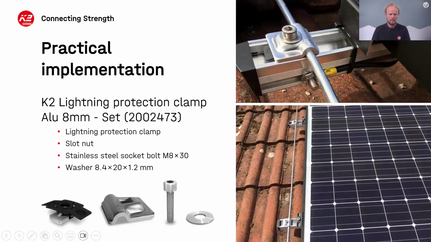This aluminium cable here, this is something that we sell, and this is an 8mm diameter, which is approximately 50 square millimeters, which you could argue is a bit of overkill, as the minimum we need is 16mm.